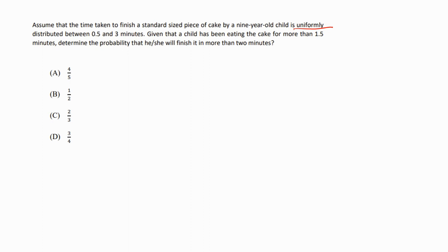Because it can take any time like 0.5 to 0.6 minutes, 0.7, 0.72. So it is basically continuous. So the distribution here is a uniform continuous distribution, and it is distributed between 0.5 to 3.